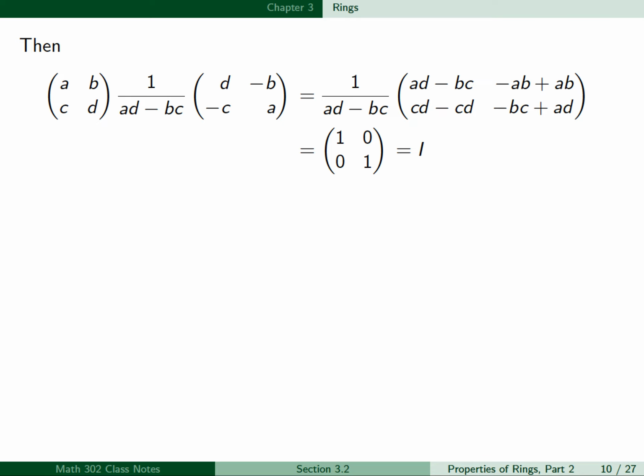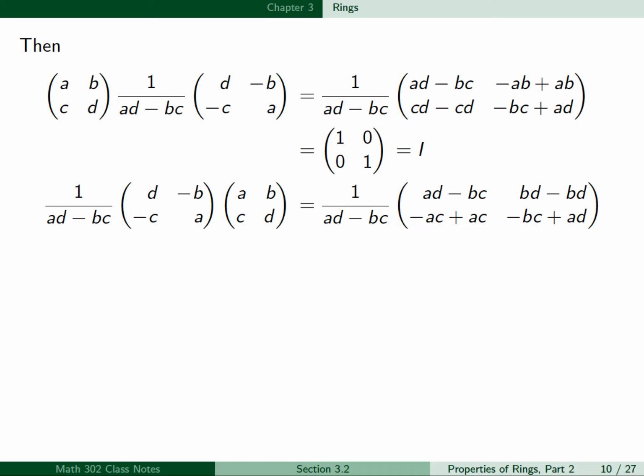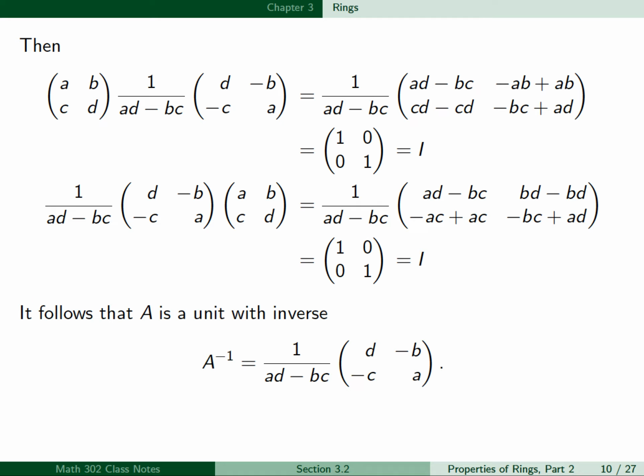And taking the product of the two matrices in the opposite order, this will be, again, 1 over the determinant times the matrix shown, and this will be equal to the identity matrix again. It follows then that A is a unit since it has a multiplicative inverse with inverse shown.